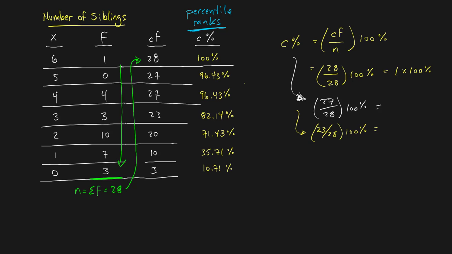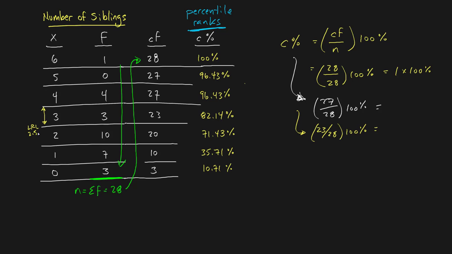Now, if I wanted to talk about any one of these categories, let's take this category of 3 here. I can't really say that 82.14% of people scored or reported a score of 3 or lower because the category itself covers a range. It goes from the lower real limit of 2.5.